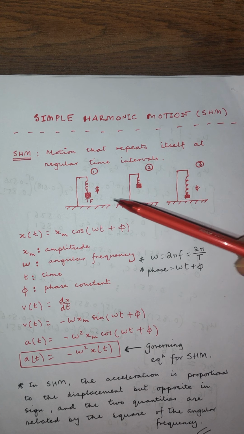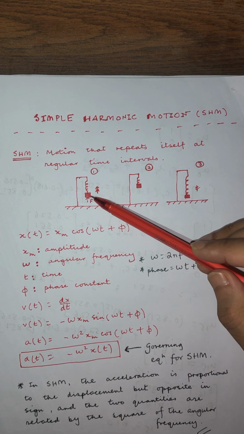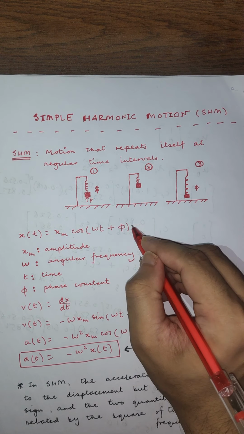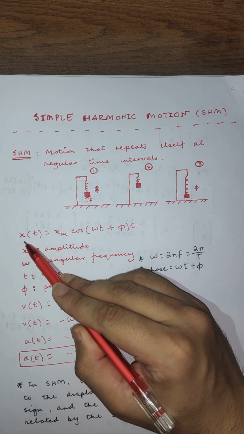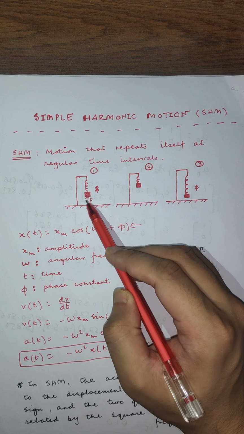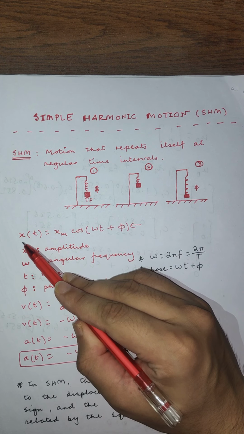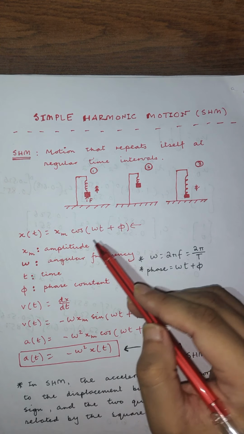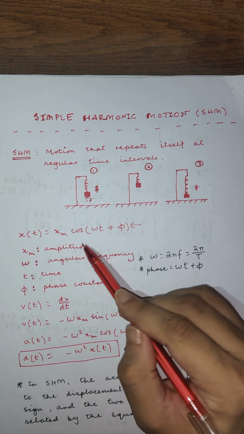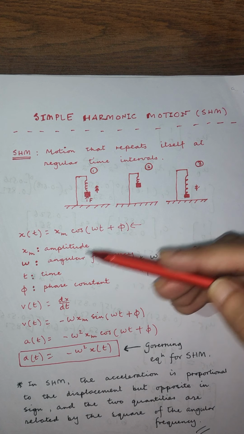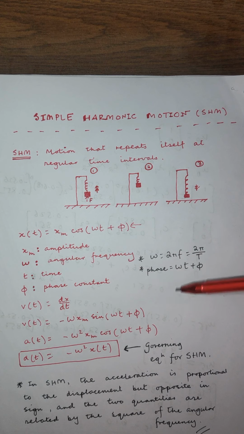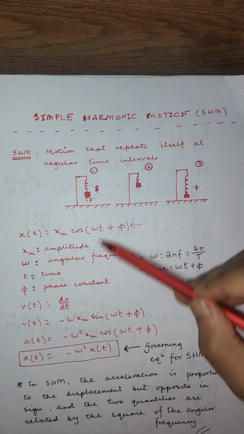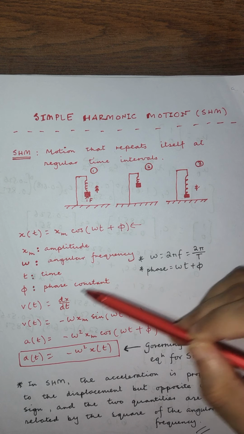And the displacement of this block can be modeled by this equation right here. So x is the displacement of this mass, and x sub m is the amplitude. A cosine function is being used to capture this up and down motion of the block. Omega is angular frequency, t is the time, phi is called the phase constant.